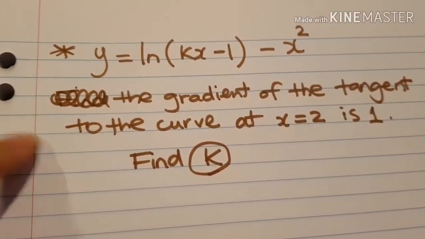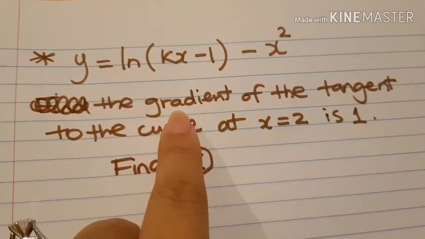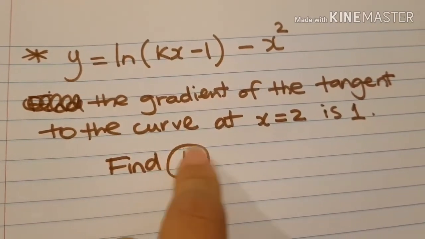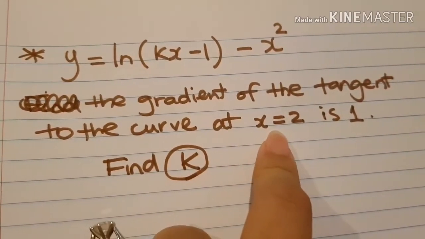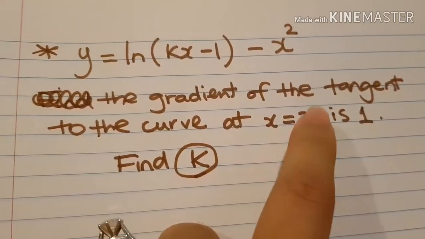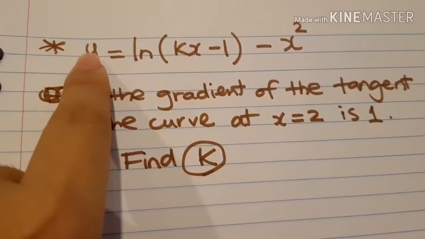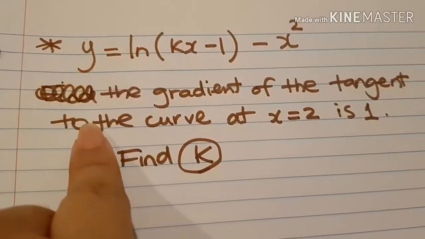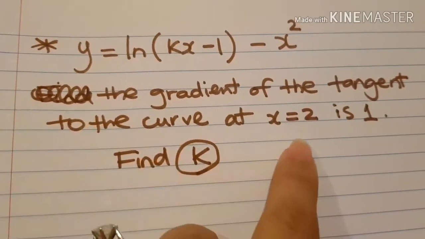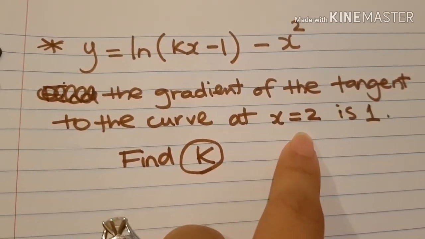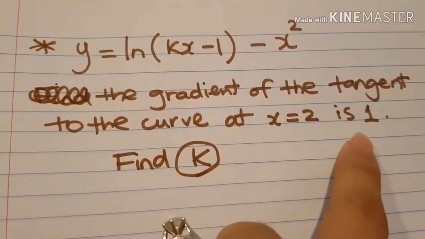What I need to do is, it's telling us that the gradient of the tangent to the curve at x equals 2 is 1. It's just saying that when you find the gradient function and let x equal 2, then the gradient is 1.